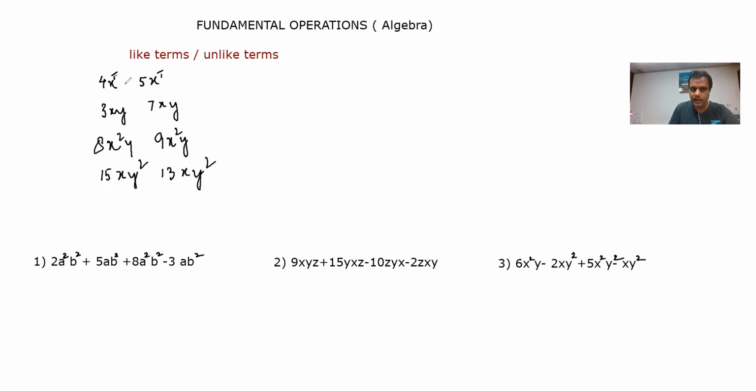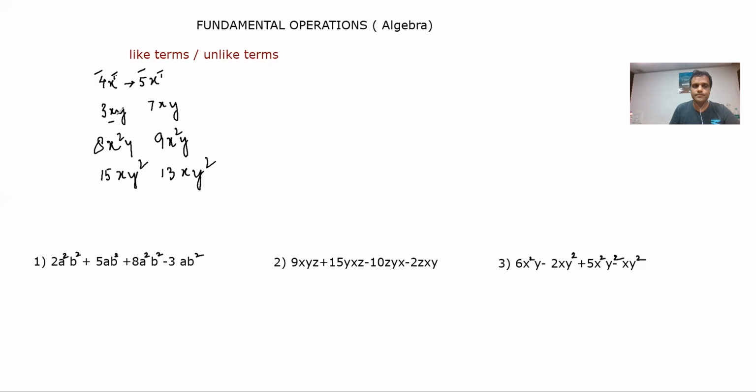Hence, they are like terms. Very important. You have to ignore the constants. 4 and 5 are constants. They can be anything, right? It can be 10, it can be 100. But we have to focus only on the variable X, Y, and Z maybe.